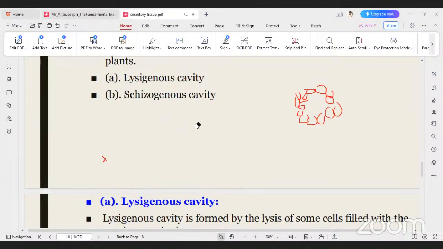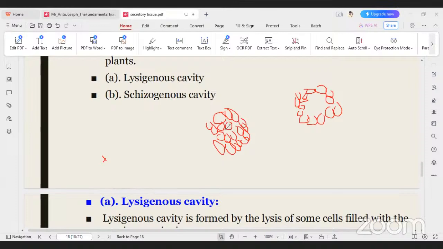And next one, the schizogenous cavity, in the same way. In the schizogenous cavity, there is the same group of cells here also, but there is no lysis. What happened here?